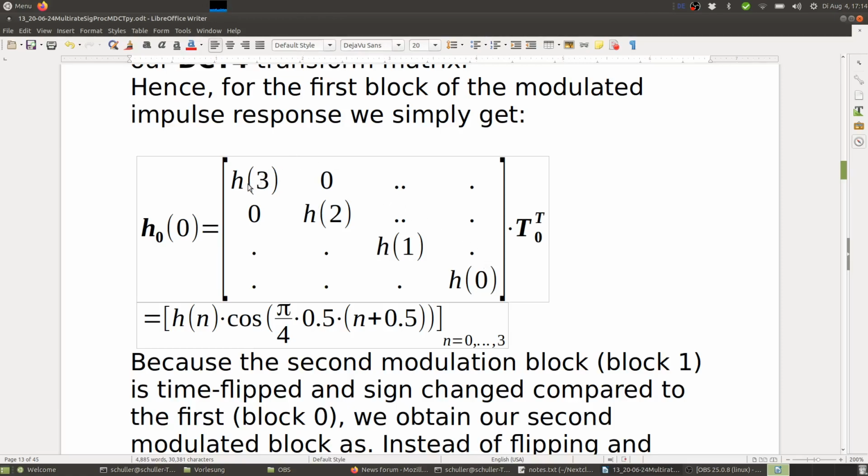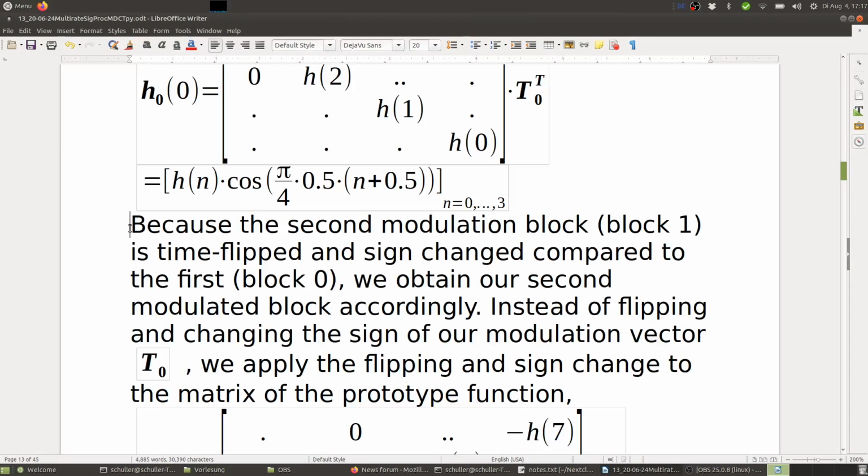Here, this element is multiplied with the first element of this column vector. This element is multiplied with the second element of the column vector, and so on. So as a result, we get this element-wise multiplication here, right? With lowercase n equals 0 to 3. So this is doing the modulation for the first block.